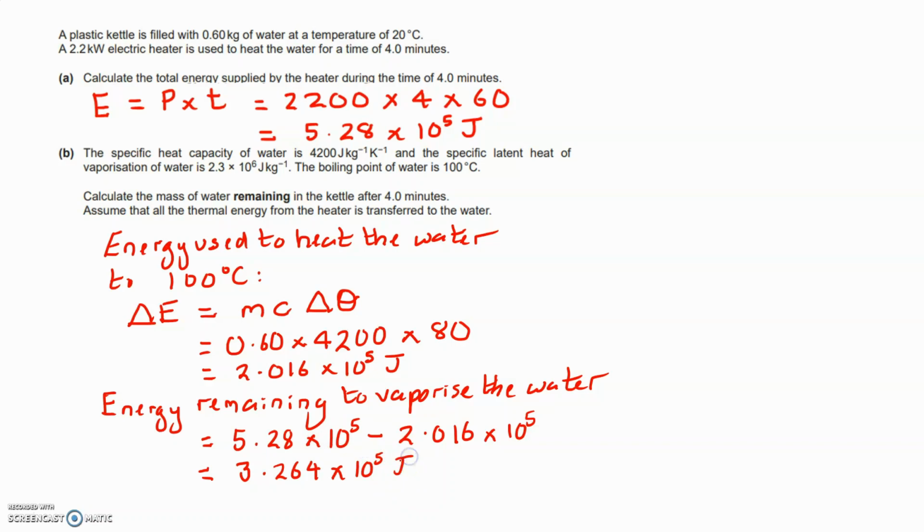Okay, so we can now use our latent heat formula to calculate the mass of the water turned into vapor during this change. So do that over here, energy is mass times the latent heat of vaporization, which is given in the question. So if we rearrange that, the mass is the change in energy over the latent heat of vaporization.